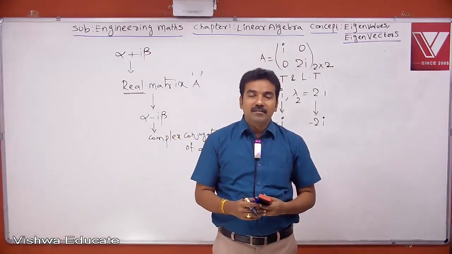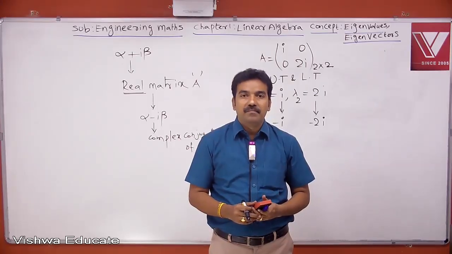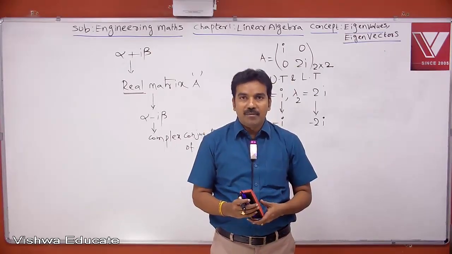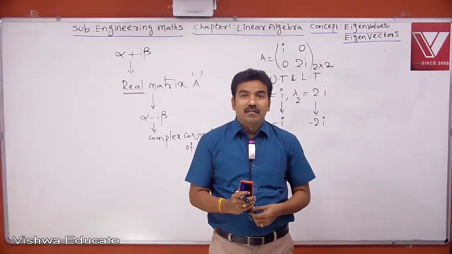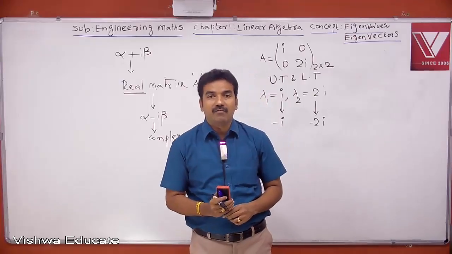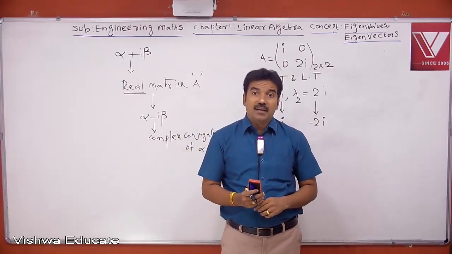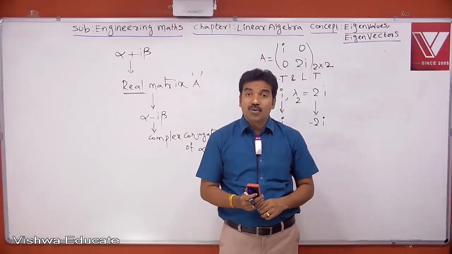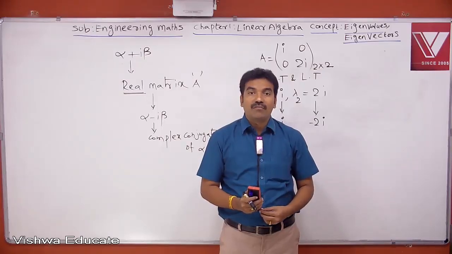If alpha plus i beta is an eigenvalue of a real matrix A, then alpha minus i beta is also an eigenvalue of A.